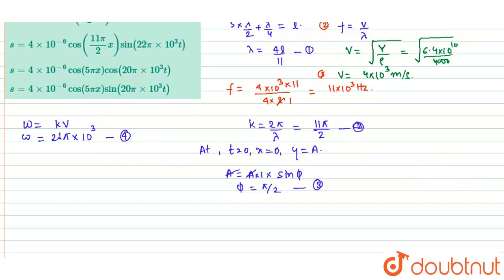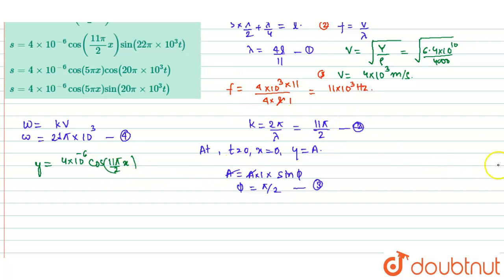Now we know all the parameters, so we can very easily write the equation of a stationary wave, which will be y equals 4 into 10 raised to the power minus 6. This is the amplitude, cos. We can put the value of k here. So cos kx will be simply 11 pi divided by 2 x, into this.